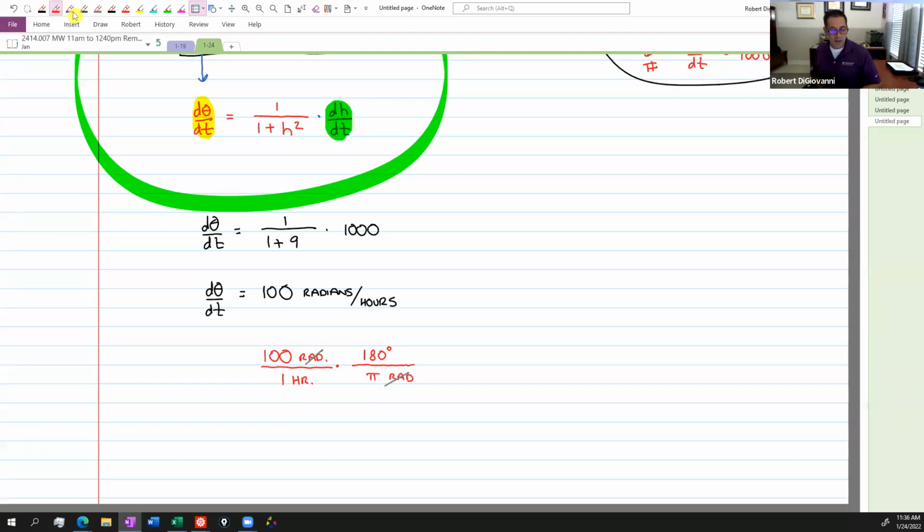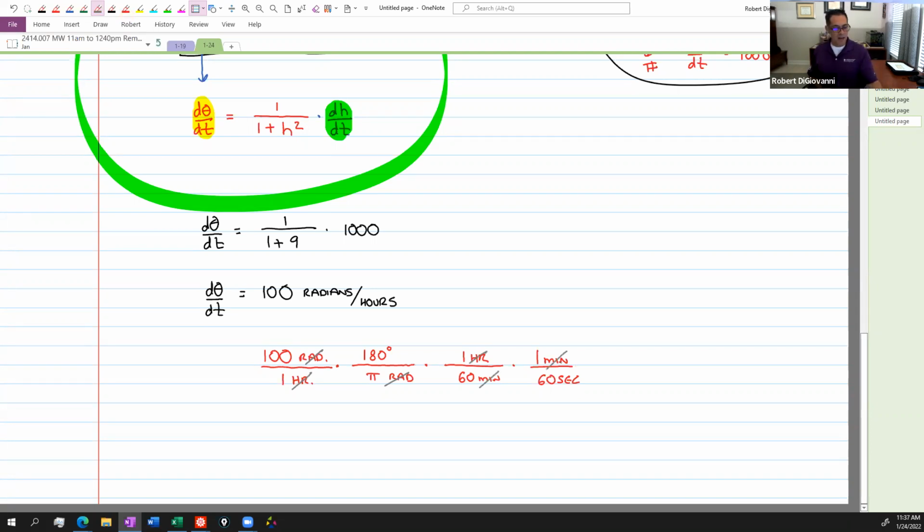And then I also need to get hours to seconds, right? I can do that several ways. I can do this: 1 hour is 60 minutes, and then 1 minute is 60 seconds. That would allow me to cancel my hour units and my minute units.